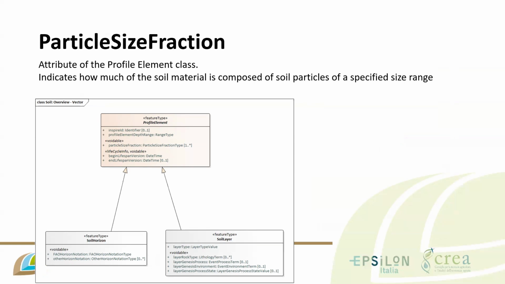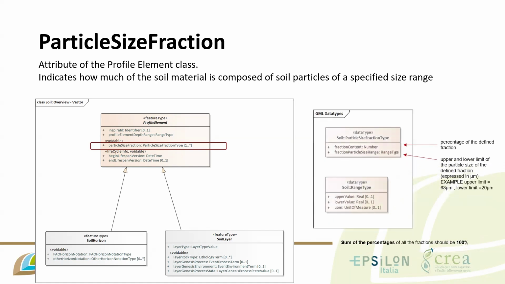Let's have a closer look at the particle size fraction. The particle size fraction is an attribute of the profile element class. It is meant to indicate how much of the soil material is composed of soil particles of a specified size range. It is of a complex data type, meaning that it is not just a character string. In INSPIRE, it is a complex data type composed of several sub-attributes.